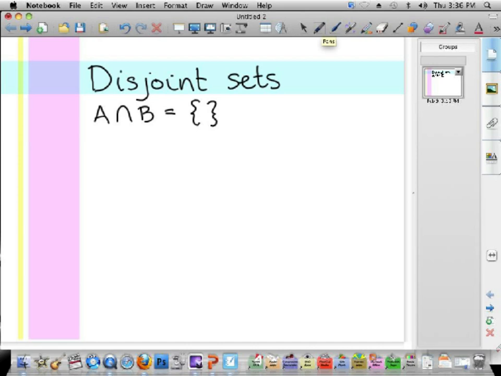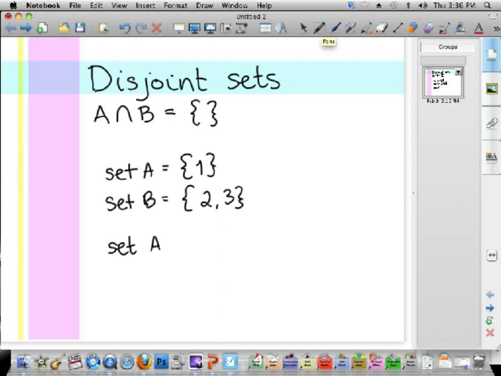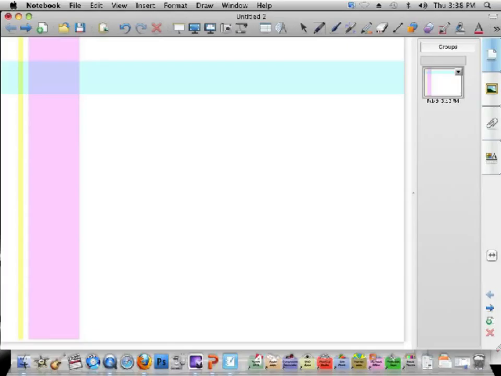For example, if set A simply has the element 1, and set B has the elements 2 and 3, using the intersection definition earlier, the intersection of A and B would be empty, because none of the elements of set A are present within B, and none of the elements in B are present within A. And that's basically what a disjoint set is.